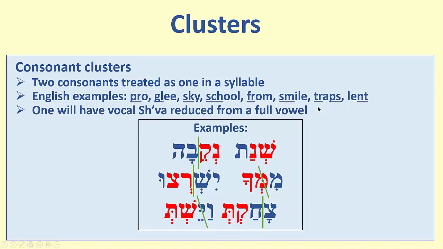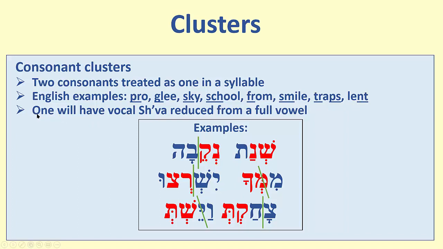This word has two of them, traps and lent. We can see underlined here all of these consonant clusters. When we go to divide these words in English into syllables, we don't divide between the consonants. We don't say p-ro or g-lee. It's one syllable: pro, glee, sky, school. This is kind of the same as how it shows up in Hebrew.